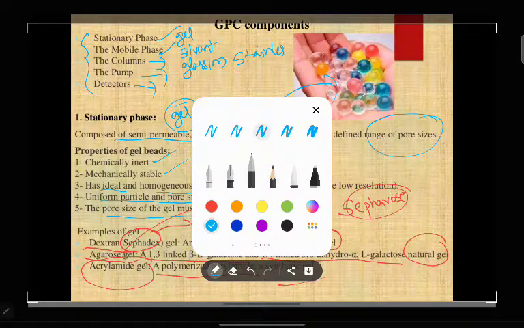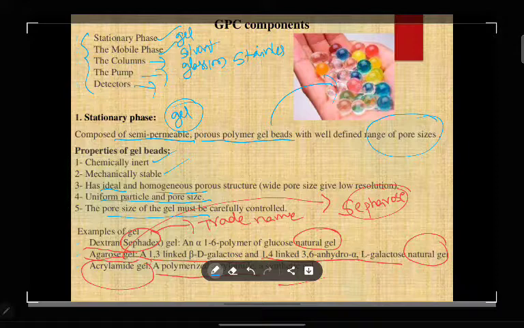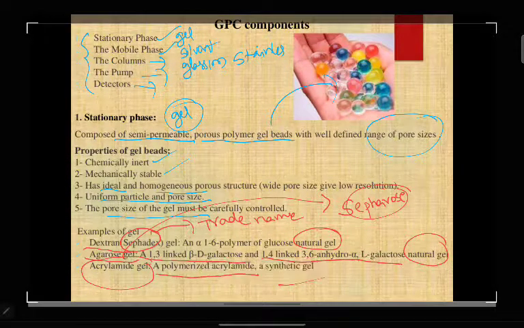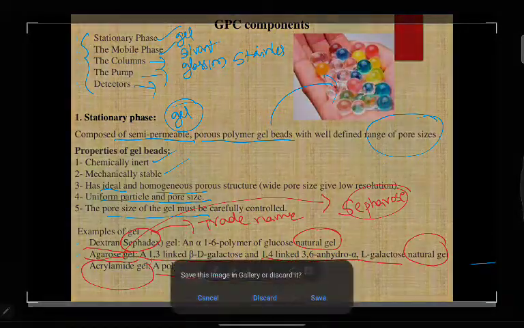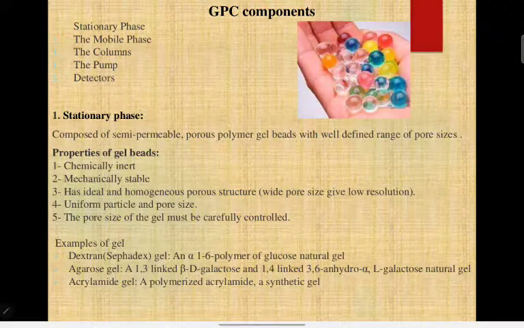Before selecting the gel, it has to satisfy a few parameters: chemically inert, mechanically stable, ideal and homogeneous pore structure, uniform particle size, and controlled pore size. We saw examples: agarose gel, dextran gel, and acrylamide gel.